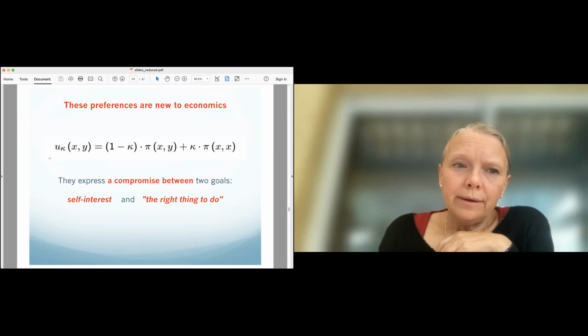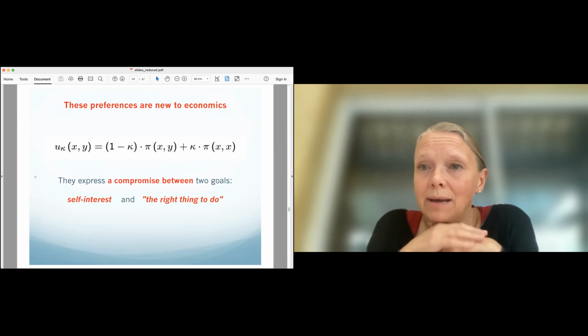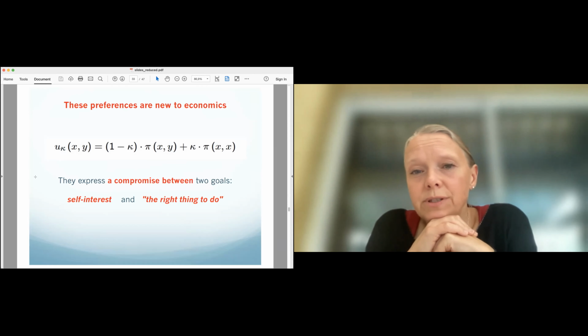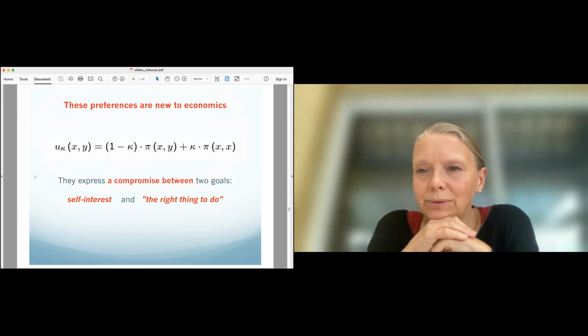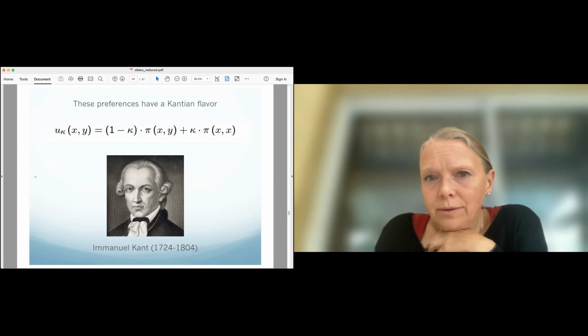So that's why we thought it would be interesting to examine what the consequences of these preferences are in standard economics problems, models. Okay. All right. Any questions on this?